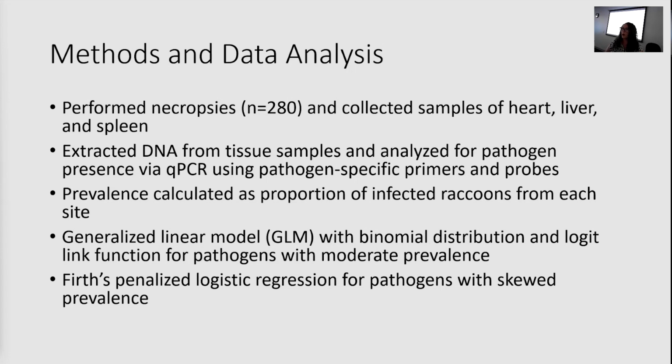And then for pathogens that have moderate prevalence, I again used the generalized linear model and included CPUE, percentage developed land, and raccoon density as fixed effects to examine these relationships. But for pathogens that had skewed prevalence, I investigated these relationships using Firth's penalized logistic regression to reduce bias in maximum likelihood estimates in the presence of rare outcomes from separation.